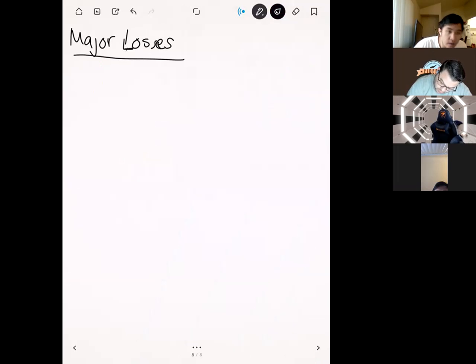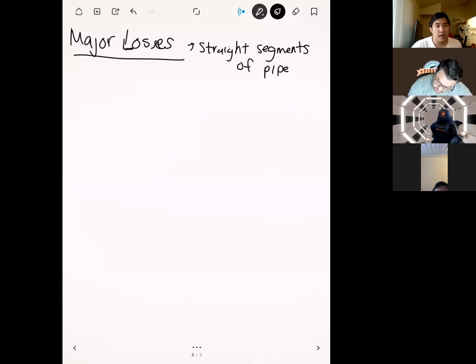Okay. And so for the major losses, remember these are the losses that are incurred from straight segments of pipe. Let's look back at our figure and find out which pipe segments are straight.